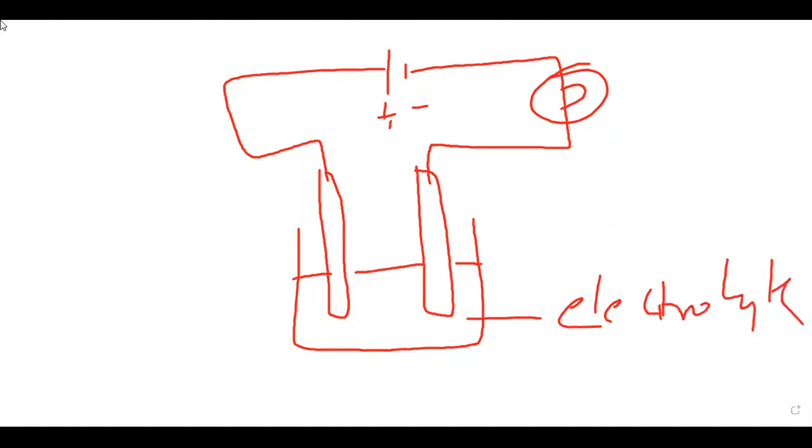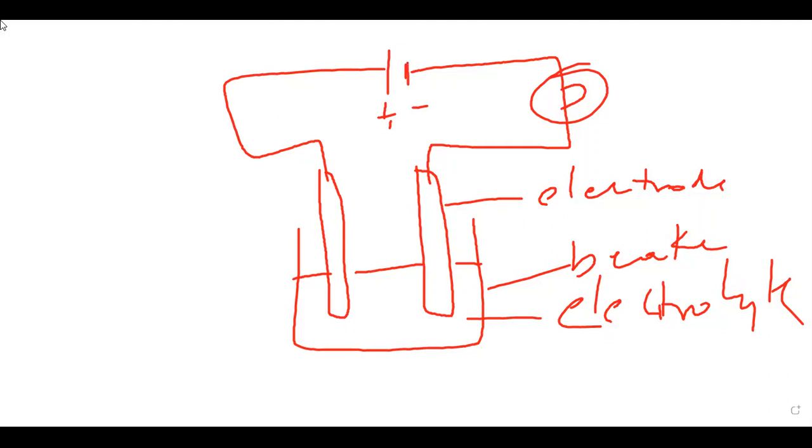So that's your electrolyte, and that's a beaker to contain the liquid. It could be something else. Now, this is called an electrode. Both of these are called electrodes. Because it is connected to the negative side of the power source, we call it the cathode. Over here, this is also an electrode, but it's connected to the positive side of the power source, so we call it the anode.